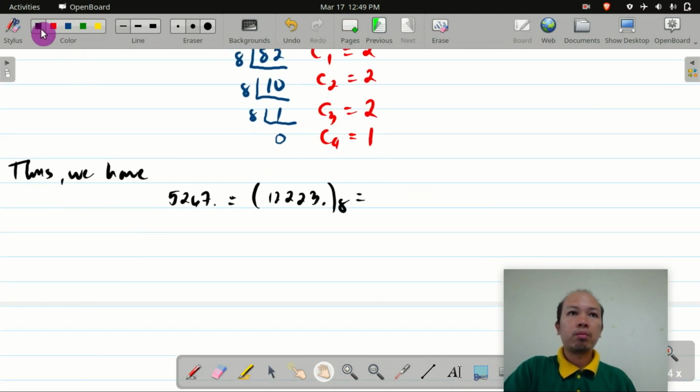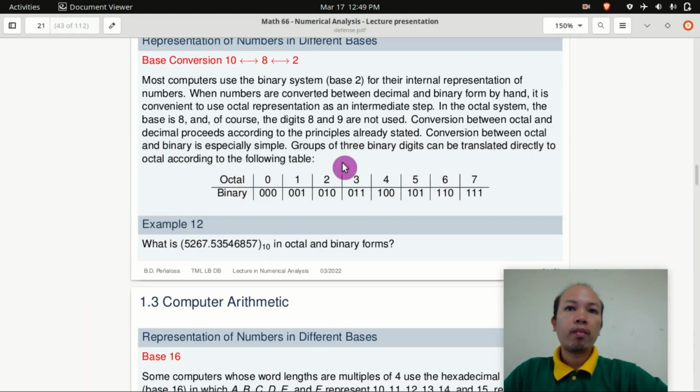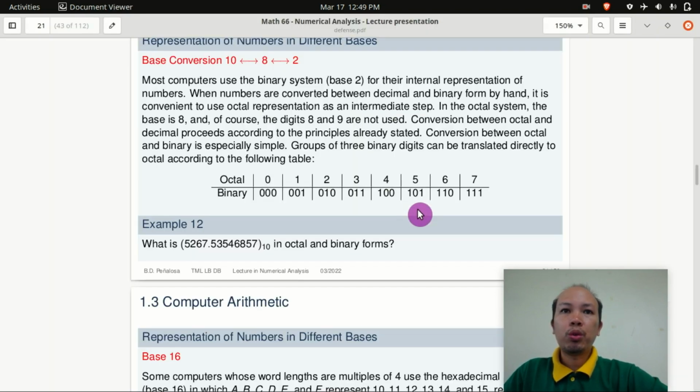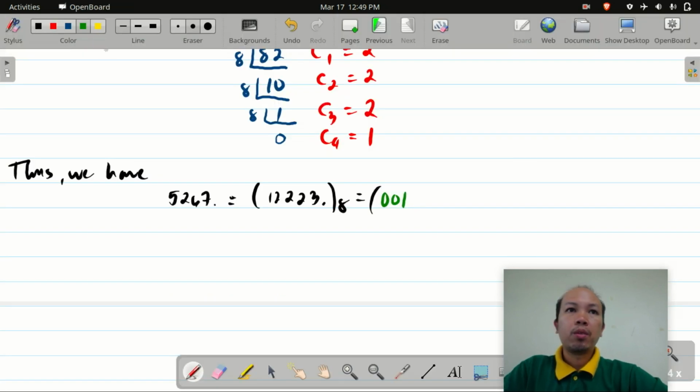So we have, let's try this color, let's say green. For 1 we have 0 0 1 0 0 1, and then for 2 is 0 1 0 0 1 0, and then we have 3 2's, 0 1 0.